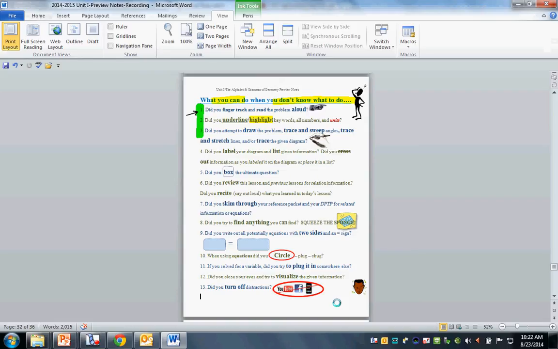All right, so when you're stuck, you can go to this sheet and just start working yourself 1 through 13.